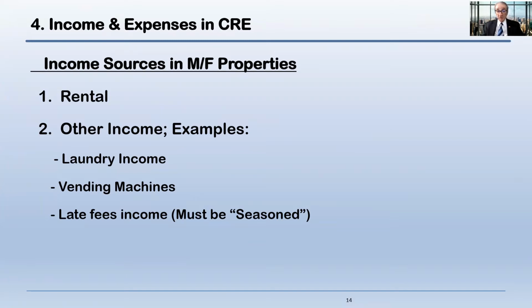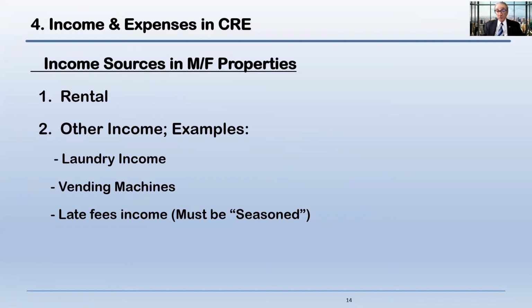And you need to look at them and consider them because they are also a true and bankable income, such as laundry income, as I mentioned, vending machines in general, and believe it or not, late fees income.